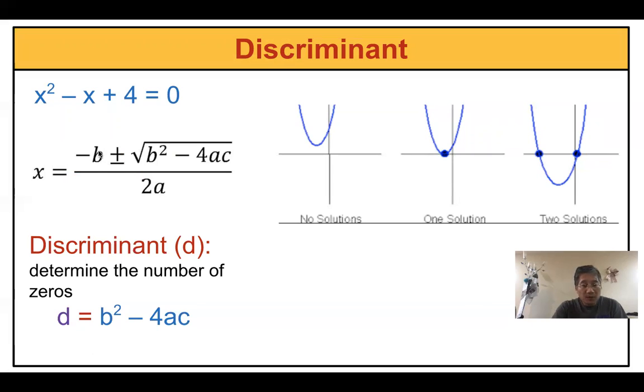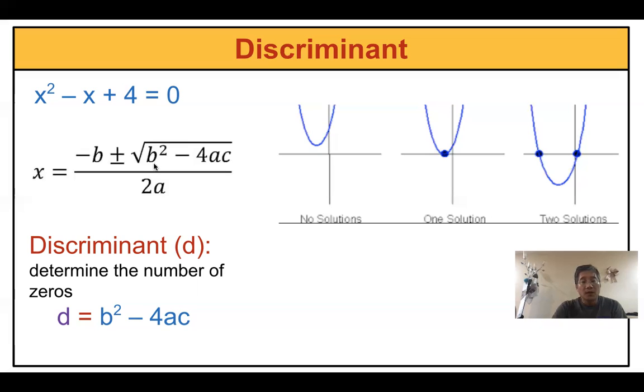What does the discriminant determine? The number of zeros. You see here plus and minus, right? Because of this plus and minus, eventually it becomes two solutions. But after this plus and minus, what do you have? The square root of b squared minus 4ac. Depending on this, you can see how many solutions are in the function.